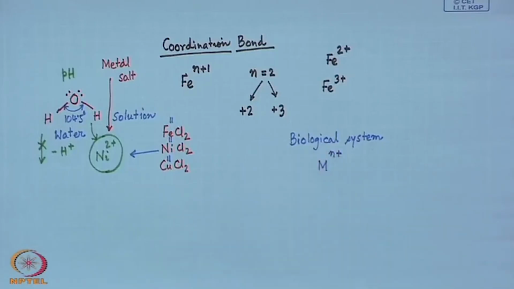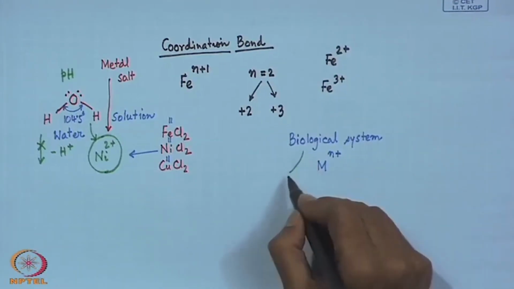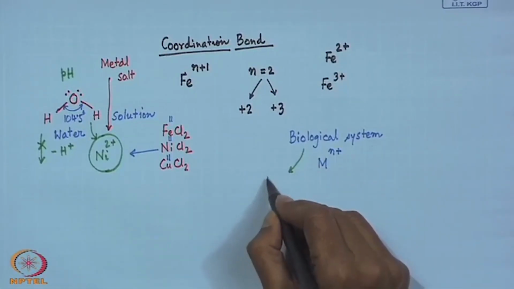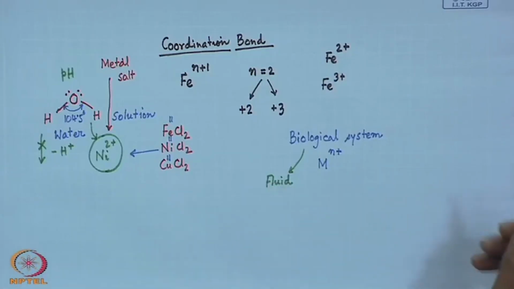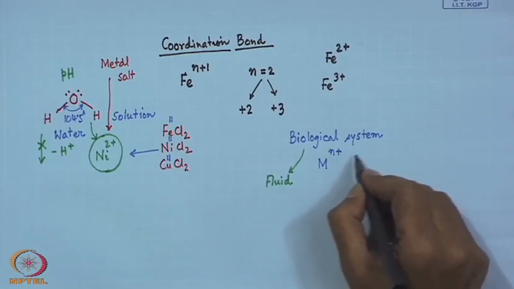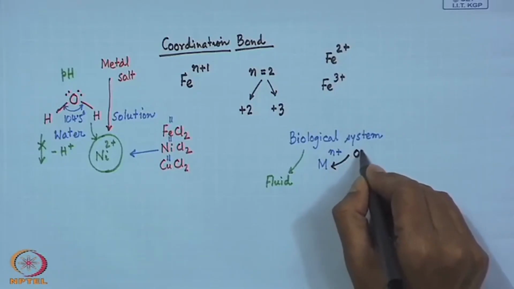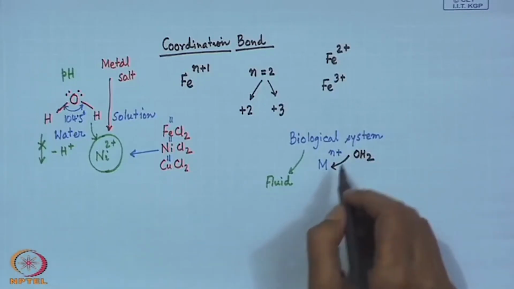But in this particular case, we have some other groups available within the biological fluid. That means instead of the water environment, we can have a biological fluid environment, and this fluid environment can also have water molecules. So, from the biological system also, how these water molecules present there can go and interact with the metal ion.